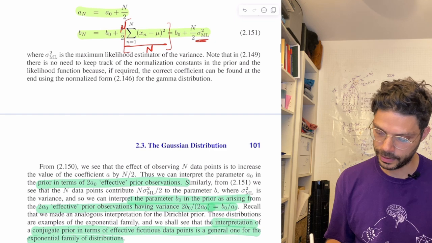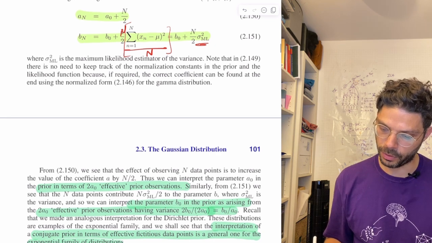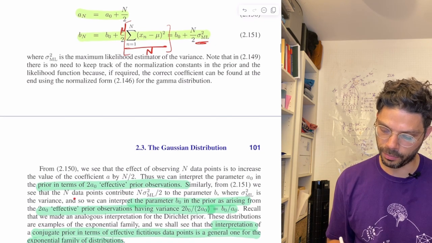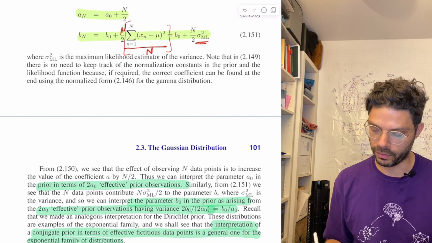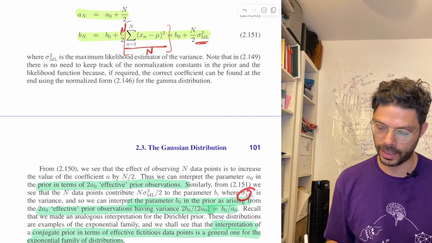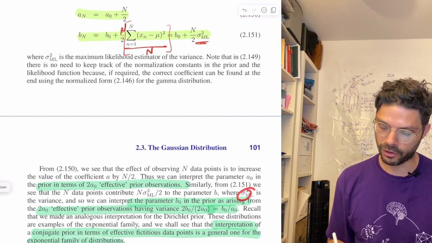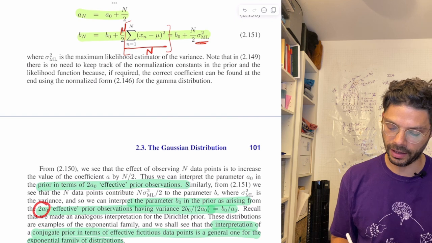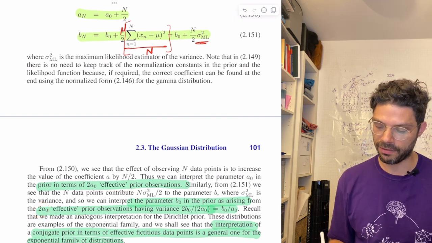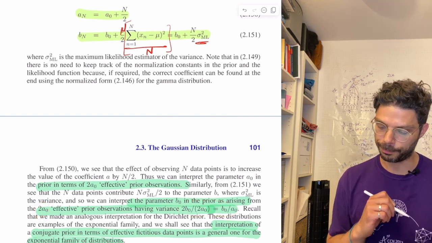So that's pretty cool. Similarly, from 2.151, we see that the n data points contribute n sigma ml squared over 2 to the parameter b, where sigma squared ml is the variance. And so we can interpret the parameter b naught in the prior as arising from 2a naught effective prior observations having variance so and so.